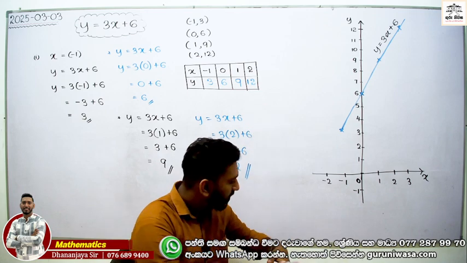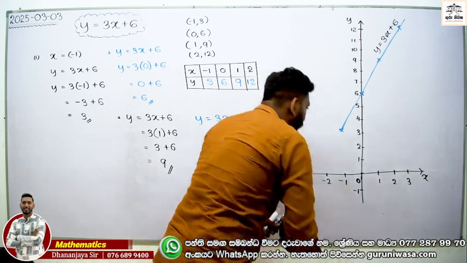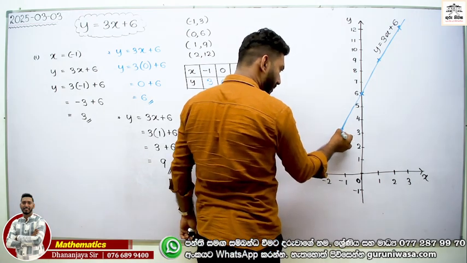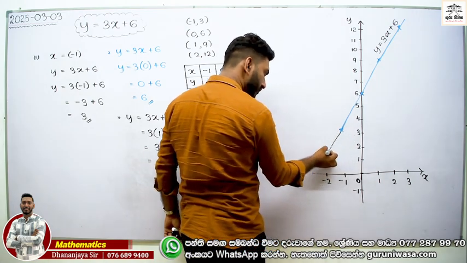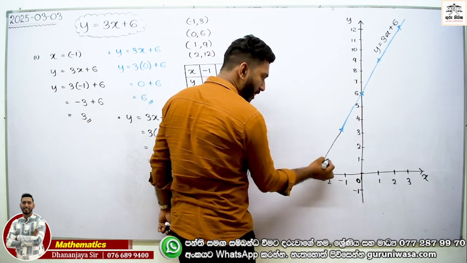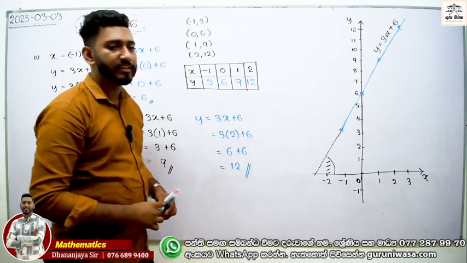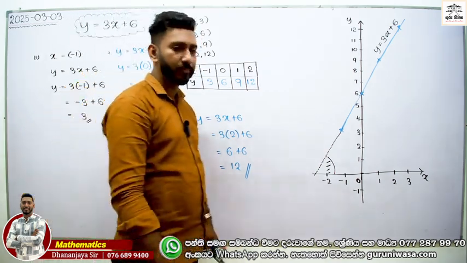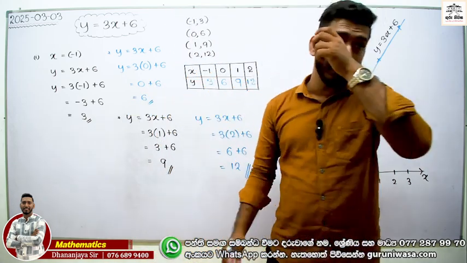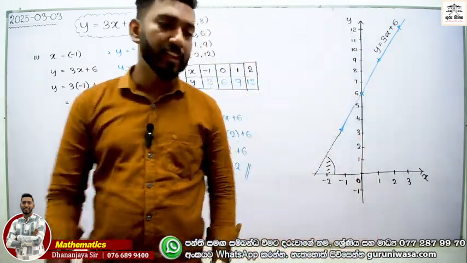Look at this. If the line comes down like this, what is the angle formed here? An acute angle is formed. Yes. So the answer is: acute angle with the positive direction of the x-axis. That is the answer, right?